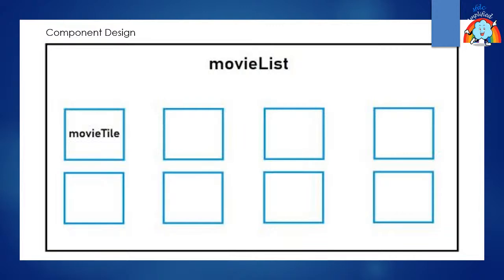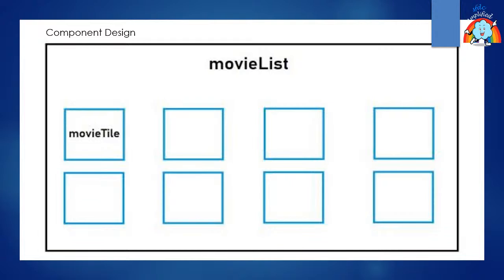So this is the component design. Now what exactly is happening? We have created a parent component named movie list, and inside that I am creating the child component. The child component has the lightning cards, iterates over the data and fetches the values, so we don't have to keep putting the logic again and again.